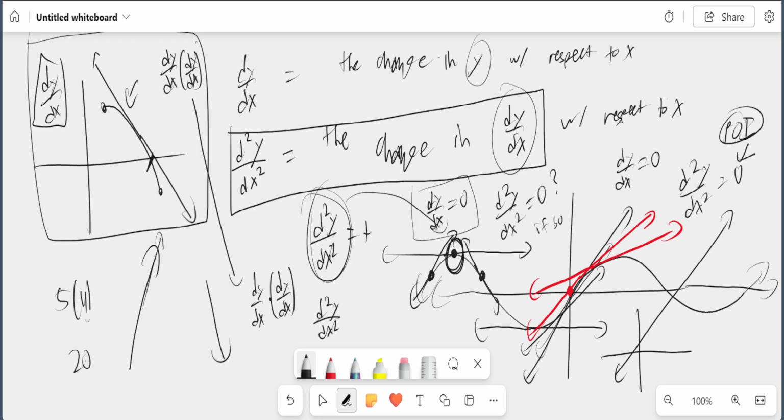So if you have a positive dy dx over here, the change in dy dx has to be negative for it to go from positive to negative over here. So we know that at this point, our double derivative is negative.